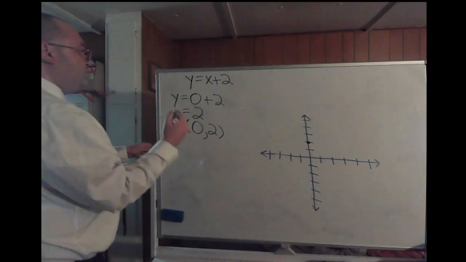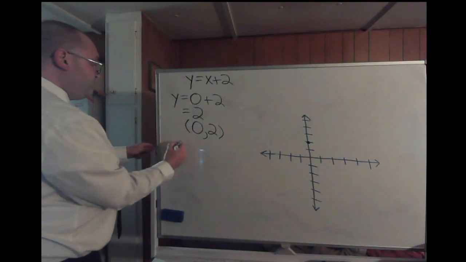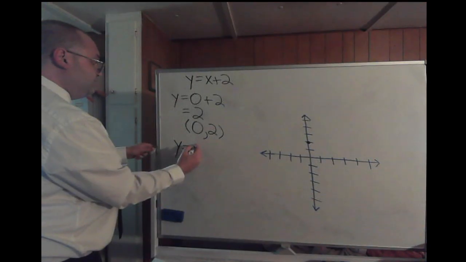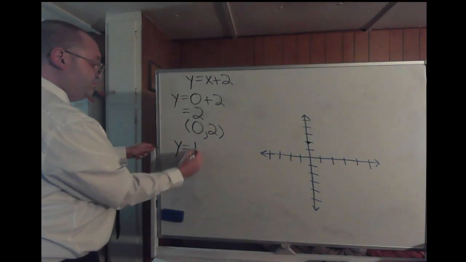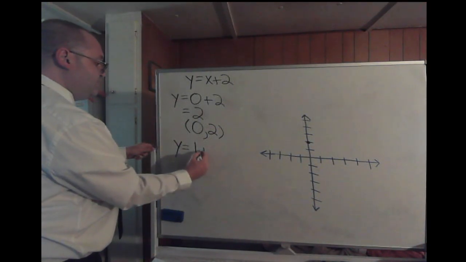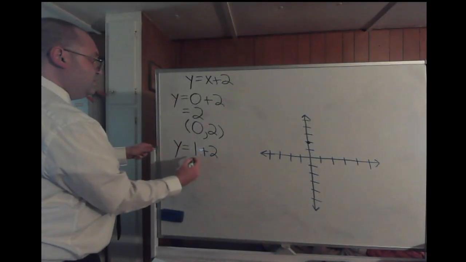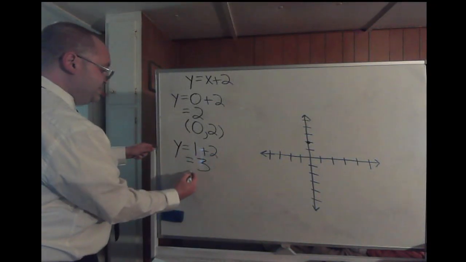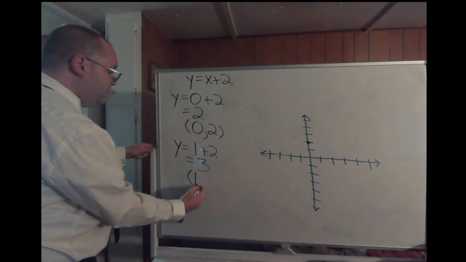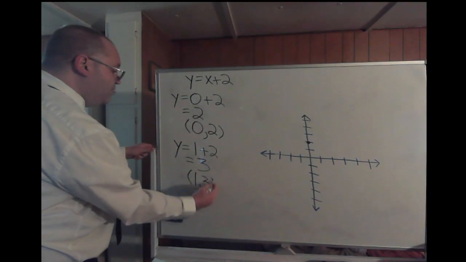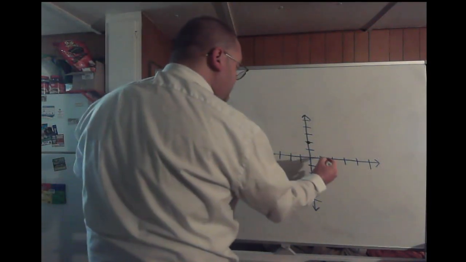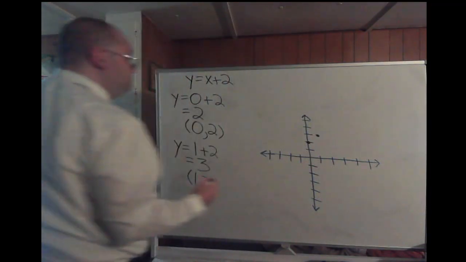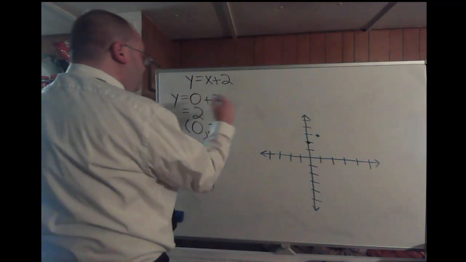How about we do y when x equals 1. So when x equals 1, we'll put that in for x. So you'll have 1 plus 2, which is 3. Y equals 3. So when x is 1, y equals 3. You'll get the point 1, 3. Okay. Let's do one more.